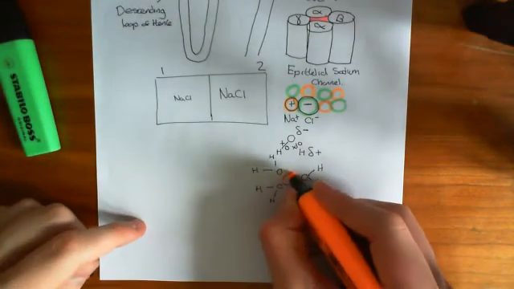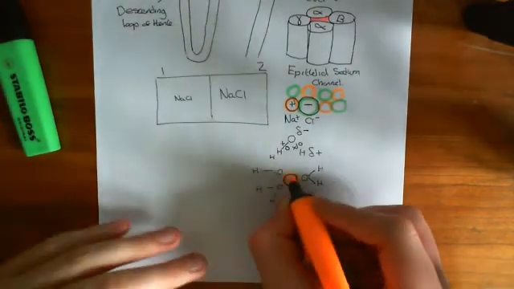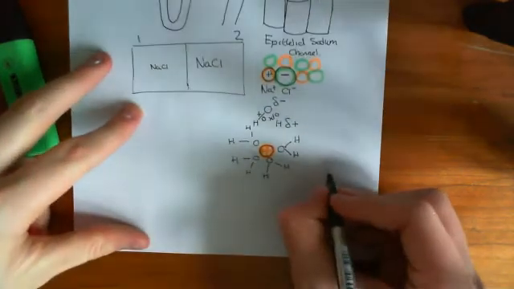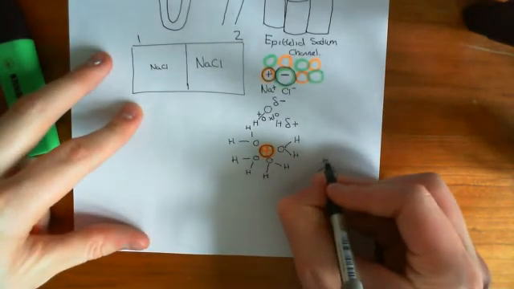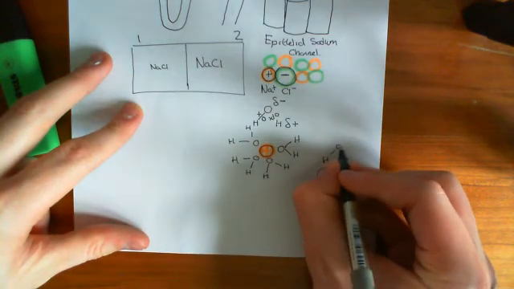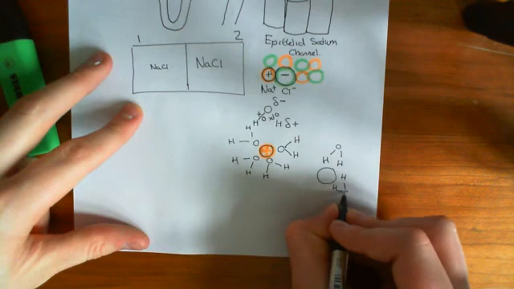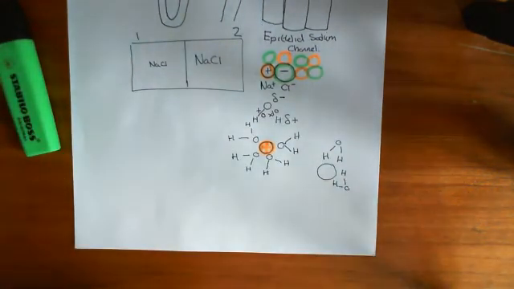Okay, and a similar thing happens for the chloride anions, except the opposite way round. You'll have a chloride anion at the centre, but this time the hydrogens will face the ion and the oxygen will face away. So you have something that looks like this. Right, and you can continue on the picture.